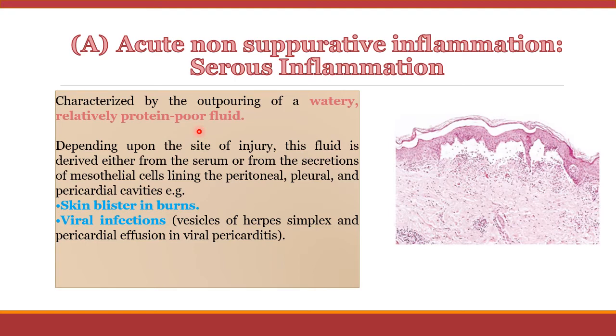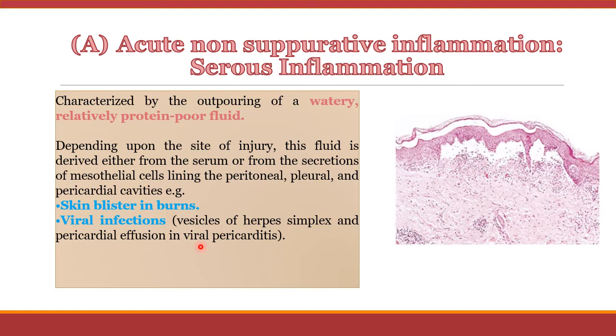So usually this will happen, as we just mentioned, with burns and skin blisters. The blister means the lesion that we just have seen, like a bubble over the surface of the skin that is filled with fluid. Or also it is common to happen with viral infections like herpes simplex that we saw in the previous photo, and also with some effusions in the sacs.